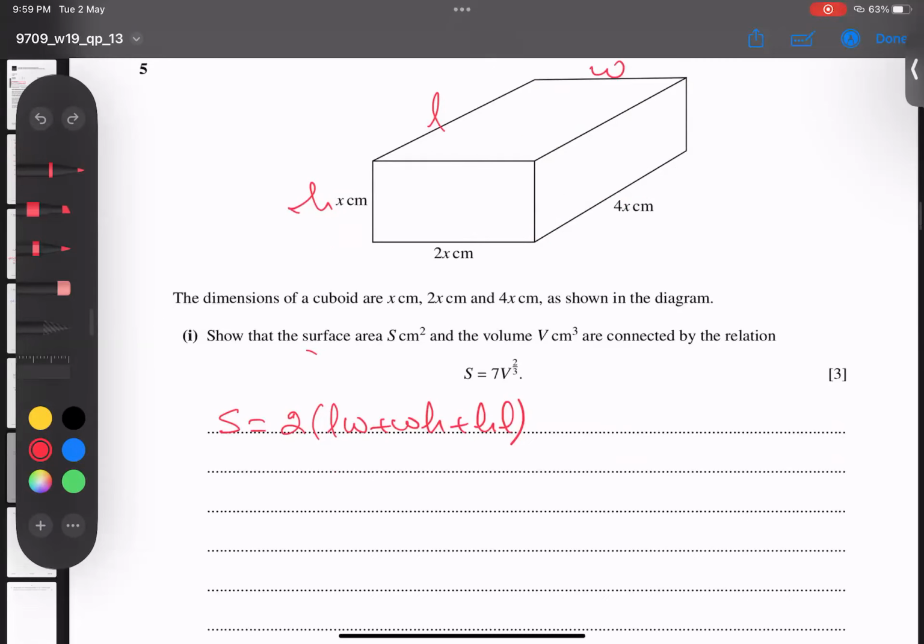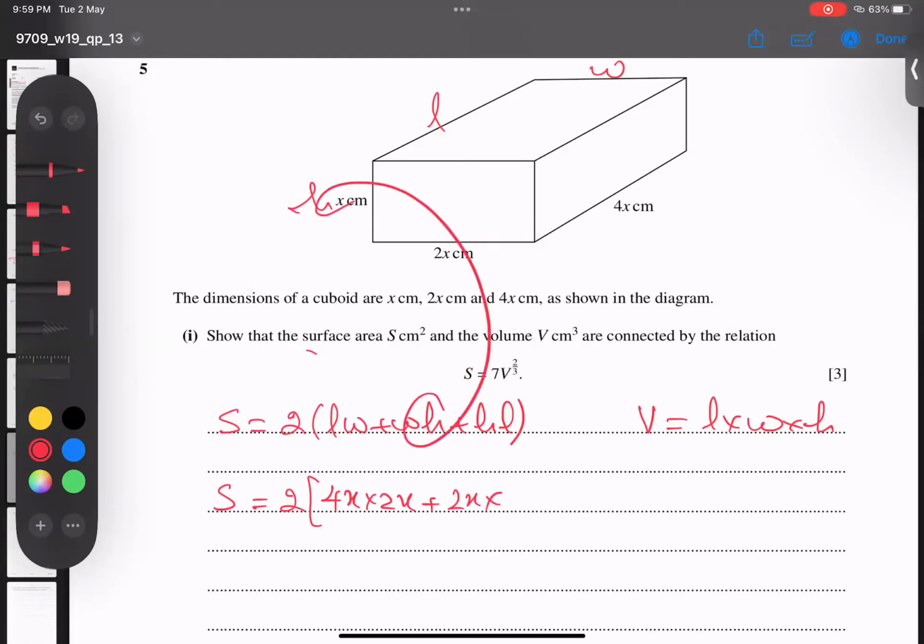Now volume, what is the volume formula, students? Volume is length times width times height. So I'm going to plug in the values, get ready. Length is 4x, width is 2x, again width is 2x, height is x, again height is x, and length is 4x.